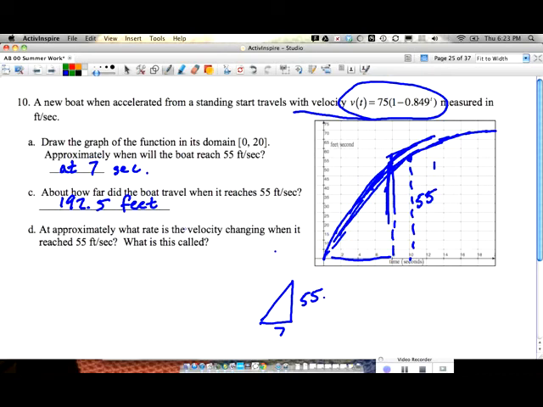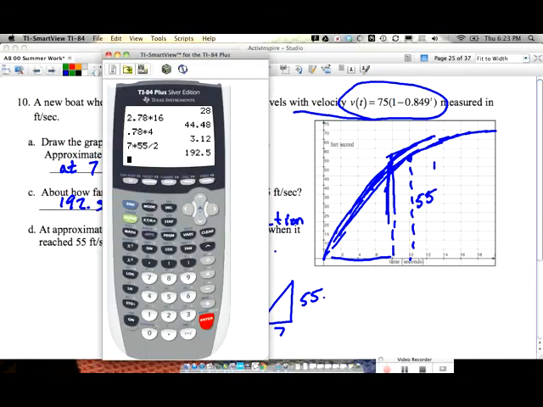At approximately what rate is velocity changing? Velocity is changing at a rate. That's called acceleration. So we're looking for the slope of this velocity at 55. Well, let's just calculate that on the graph. We have a button that does that. So we go second, calc. We're going to do the dy/dx. That's our slope at about 7 seconds.